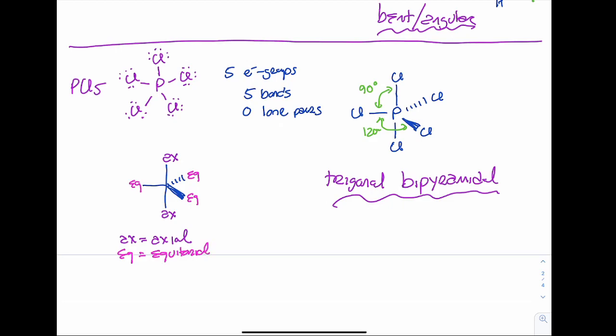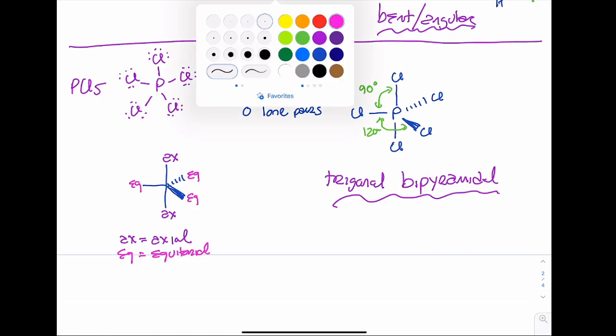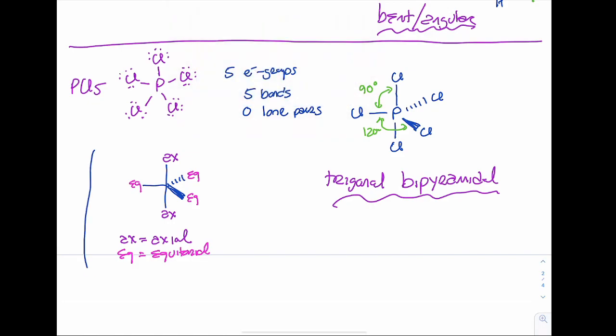So the bond angles between the axial and the equatorial positions are 90 degrees. The bond angles between an equatorial position and another equatorial position is 120 degrees. It's probably the easier way to say that.